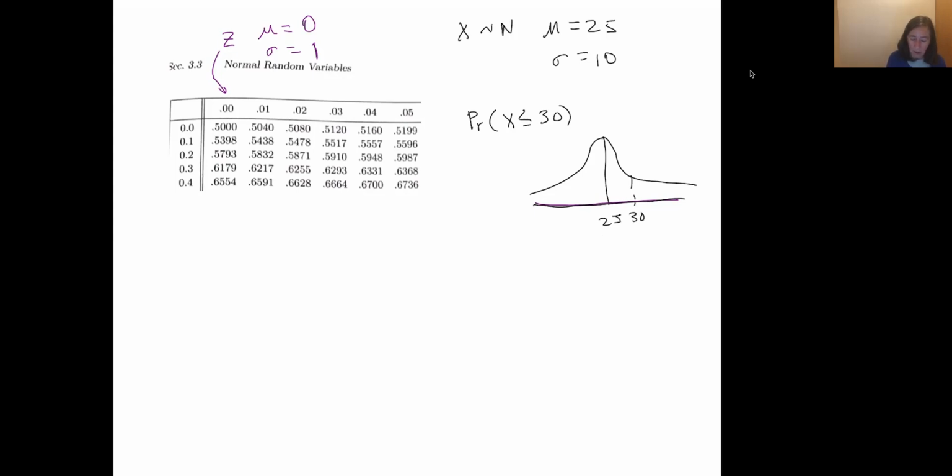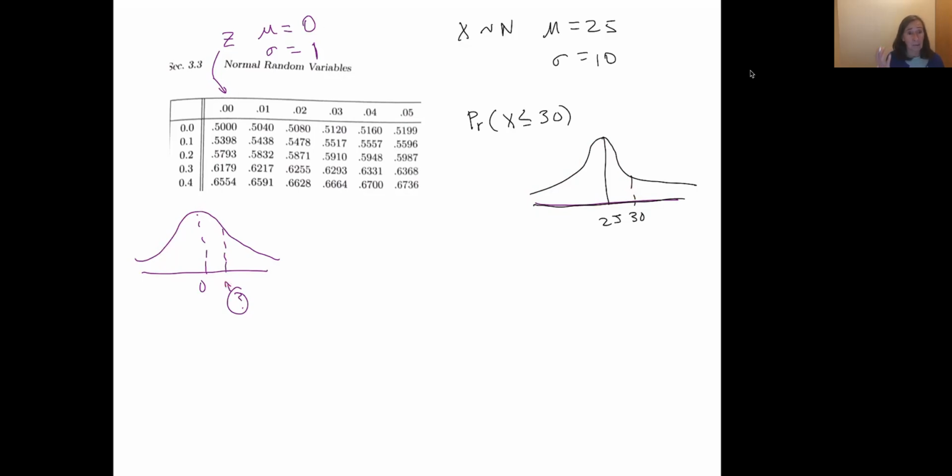And what we want to know then is what's the equivalent probability over here with the standard normal, where the mean is 0. There's some other number here that's going to have the same probability below it as the X that we started with has below 30. So what we want to know is what's this equivalent number for the standard normal.